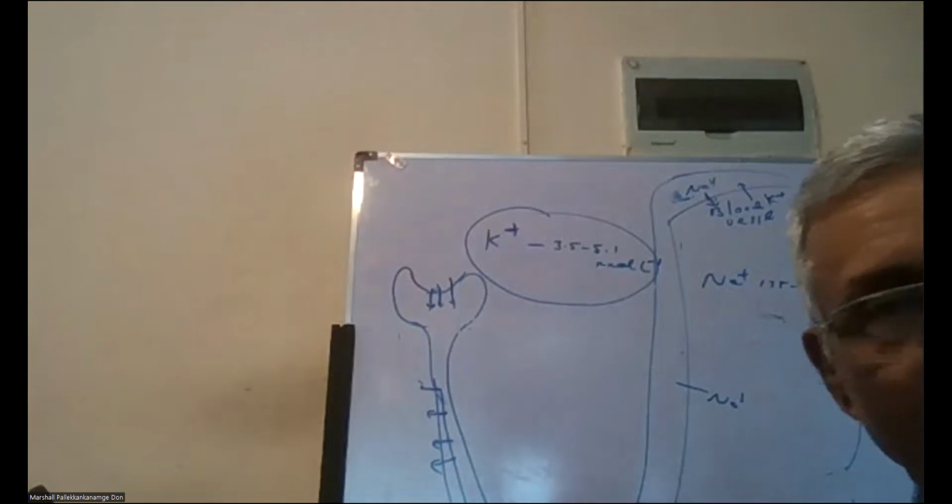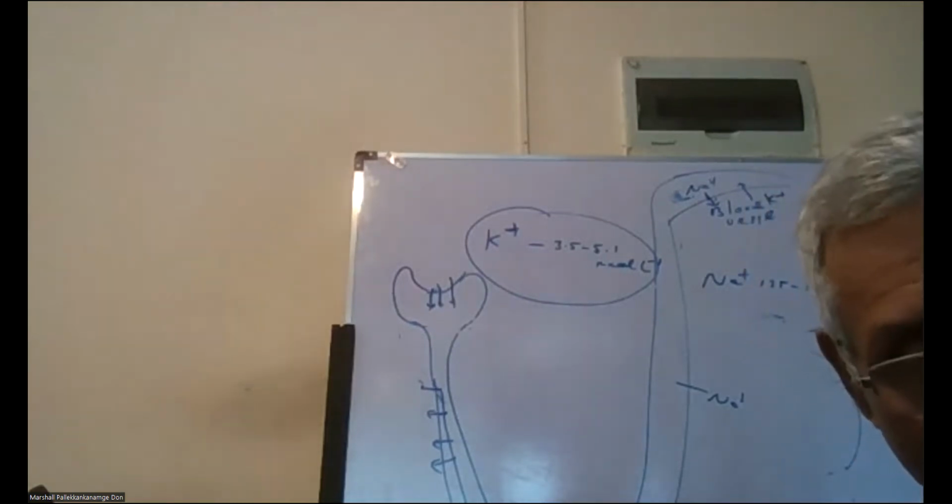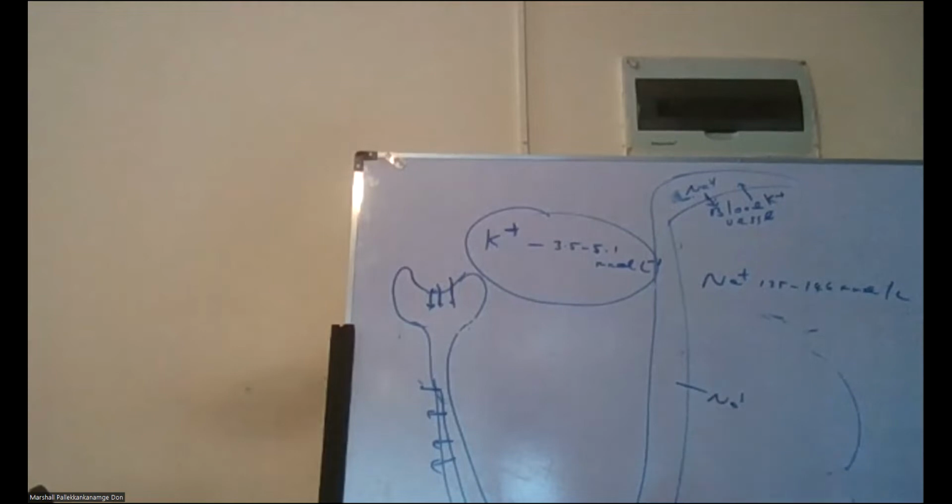Now, if a patient is taking, say, furosemide, it will block this sodium reabsorption, and also some potassium reabsorption. So when the patient gets furosemide as a diuretic, they lose potassium also, calcium also lost.